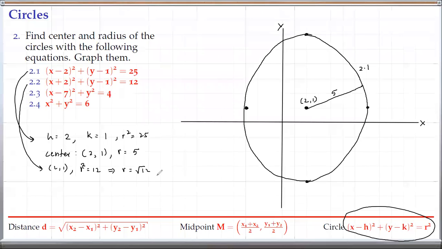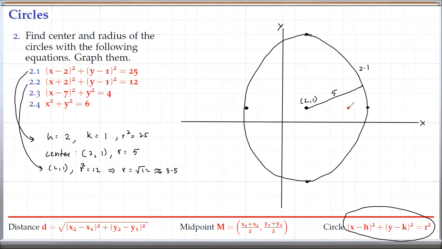For the purpose of graphing, let's find the approximate value of square root of 12. If we use our calculator, this will come out to be approximately 3.5. So we are looking at radius approximately 3.5 all around the point 2, 1.